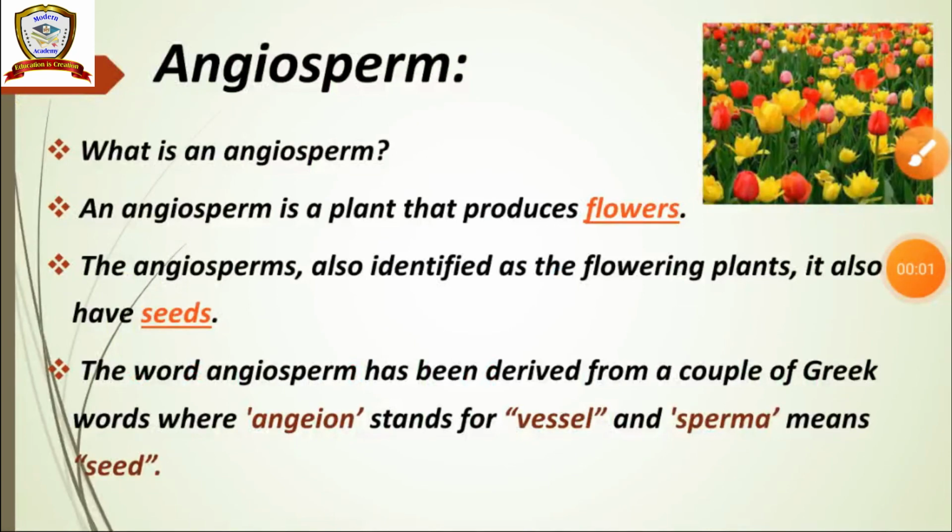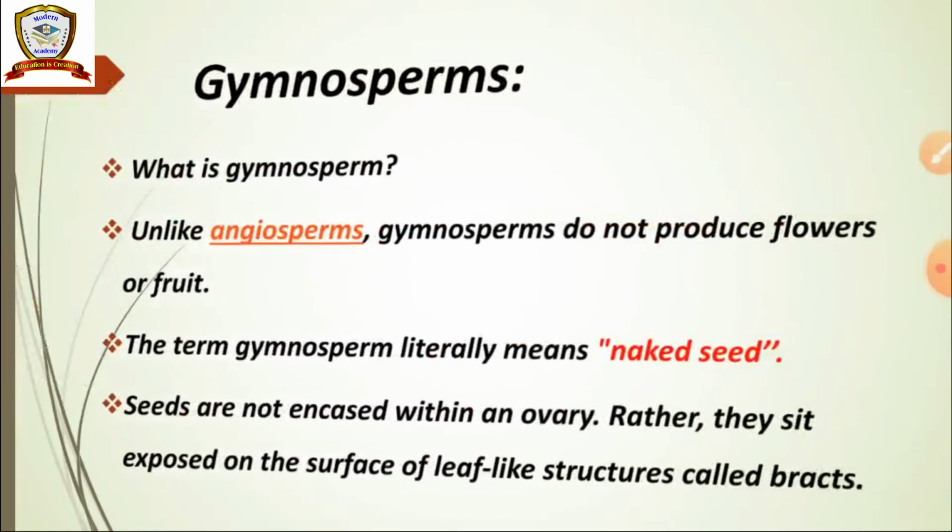Once again, angiosperms produce flowers, so they are also called flowering plants. We can expect flowers and fruits from angiosperms. This is a Greek word, where angion stands for vessel and sperma means seed. So the seed is present in the vessel, and the vessel is nothing but the ovary.